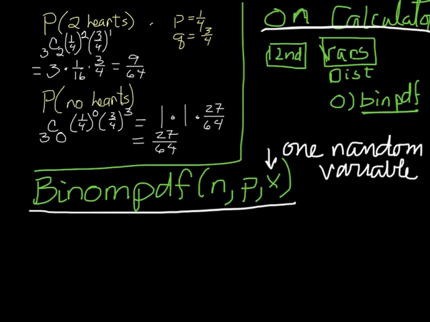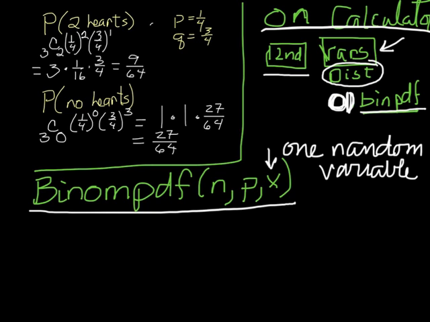Well, basically you press the button second, and then the button VARS, which is right over by your clear, under the arrow buttons. And what that will give you is the menu called distribution. And under the distributions, if you go to number 0, which is 10, then you will find the binomial PDF. And just so you know, the binomial CDF is right after that.